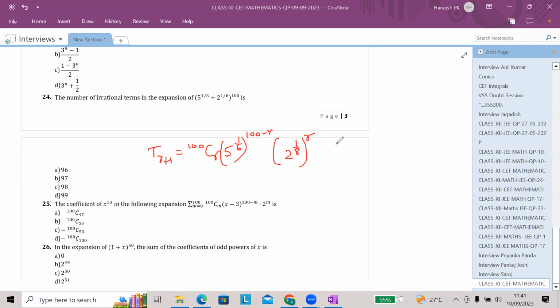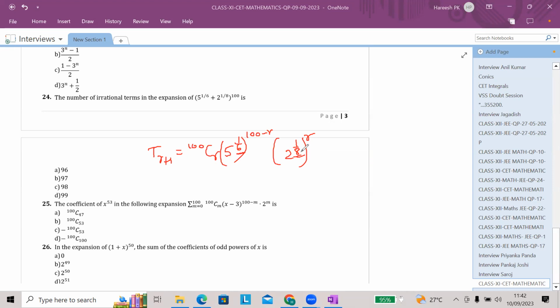So now our job is to find the smallest value of r for which both 1/6 and 1/8 powers get cancelled.